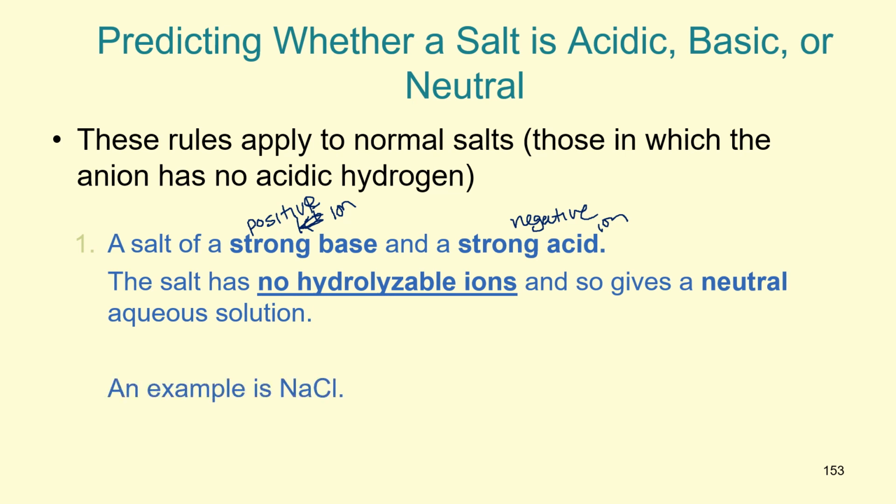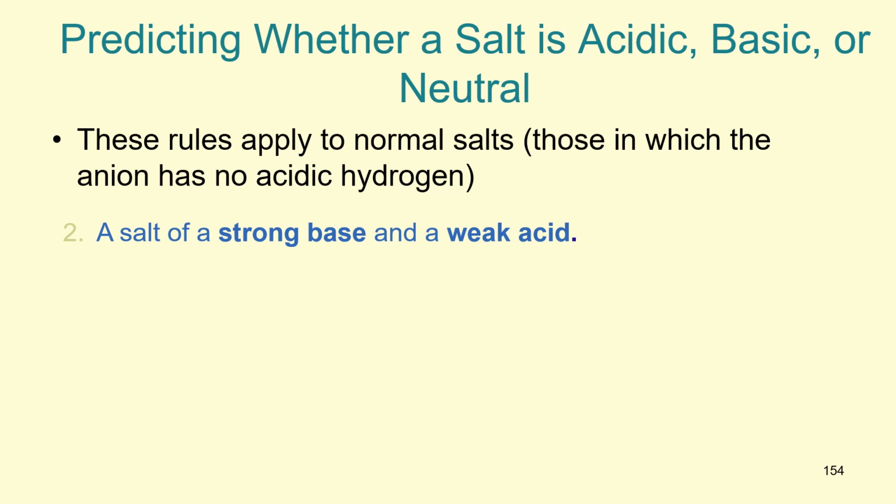What's our example of that? NaCl. Na comes from one of the 6 strong bases, Cl comes from one of the 6 strong acids, and it's going to be neutral in water, and neither one is hydrolyzable. Both are so weak that neither of them react with water.